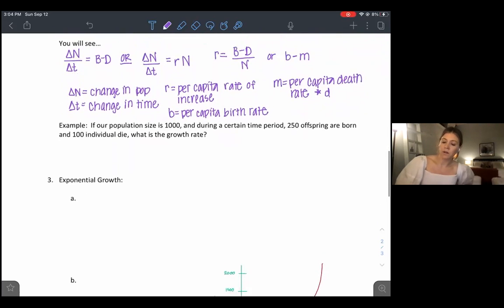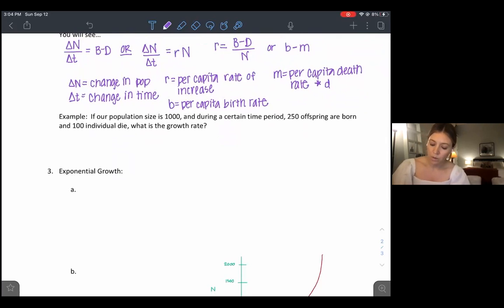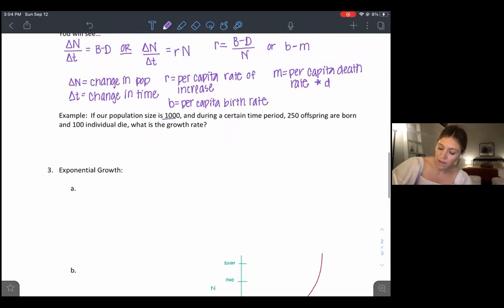Okay, so let's do a quick example before we move on. So if we have a population size of 1,000 and during a certain time period, 200 offspring are born and 100 individuals die, what is the growth rate? Okay, now when we see that word growth rate, we should know that we're looking for R. That's our per capita rate of increase.